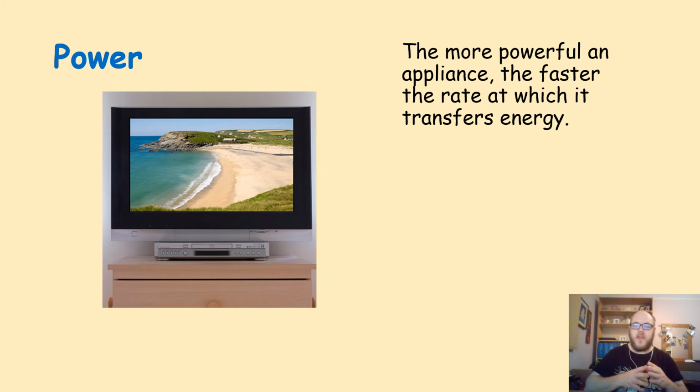So what you're looking for in appliances is something that's powerful enough to do the job, but not a high power rating that's going to sap energy from the electrical system and rack up a massive, great big huge electricity bill. So you really need a balance between those two things.